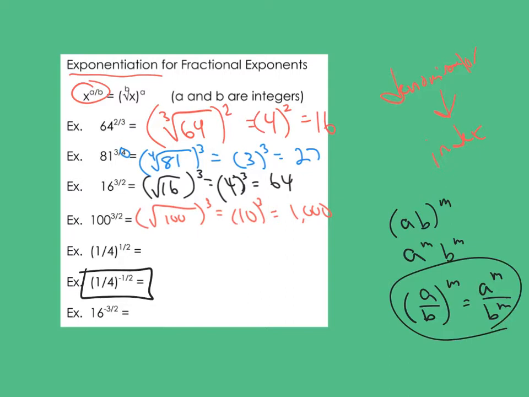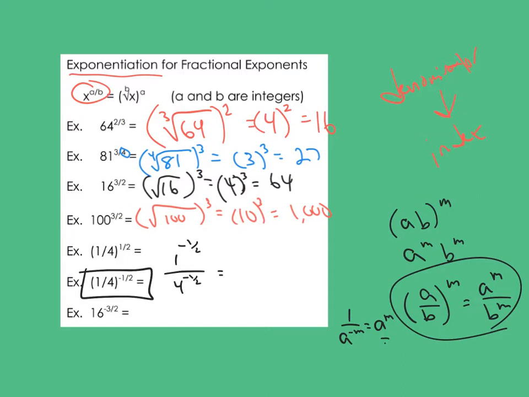Now, this is the idea that I want to take off of, right? So if I have 1/4 raised to the negative 1/2, I have 1 raised to the negative 1/2 over 4 raised to the negative 1/2. And my exponent rules say that if I have 1 over a to the negative m, then that's going to be a to the positive m by putting it in the numerator.